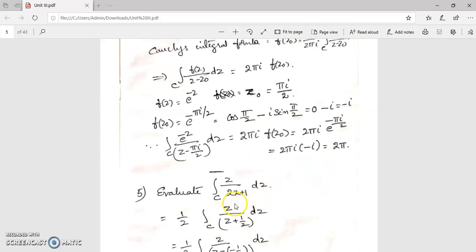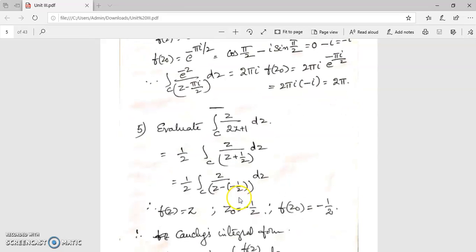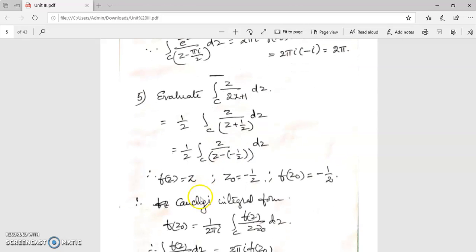And here also, this is 2z, so we should write it in the z minus z0 form. Therefore, take common 1 by 2, so we will get z plus half, z by z plus half. Therefore, here the numerator fz is equal to z and z naught is equal to minus half.